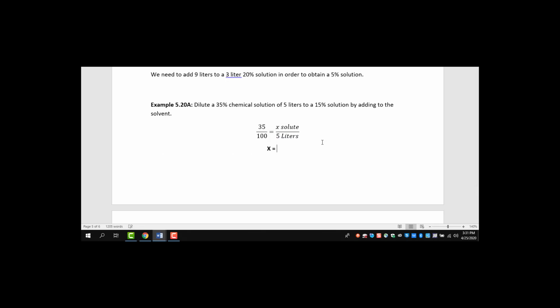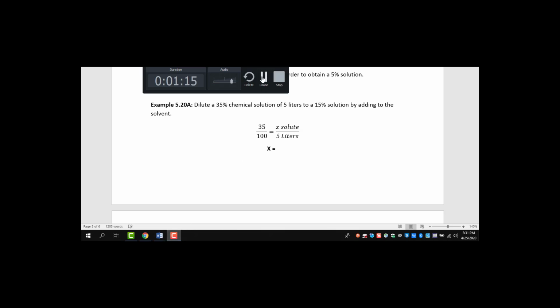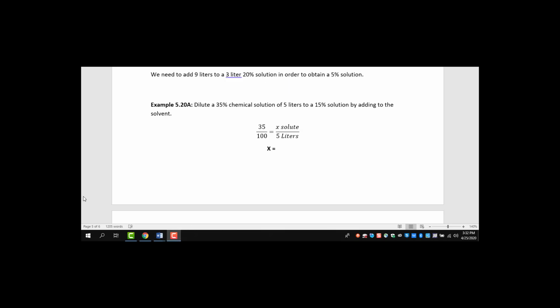You want to hit pause. Then I'm getting 1.75. Put that in there. So if I have 1.75 to 5, that's the same thing as 35 to 100, but I only had 5, so I had to figure this out.